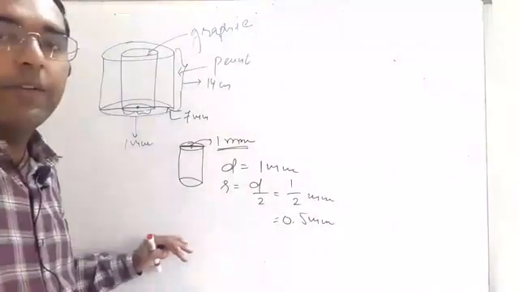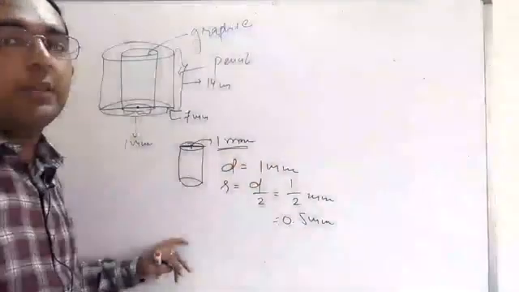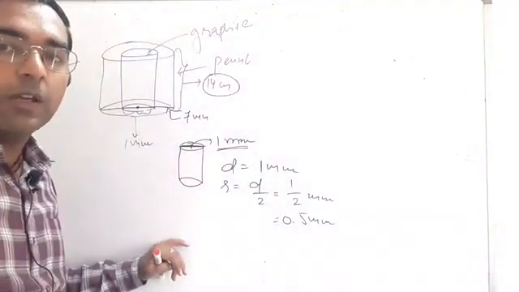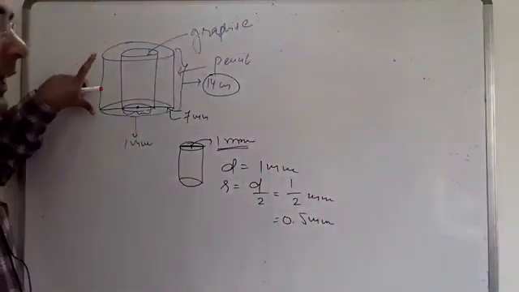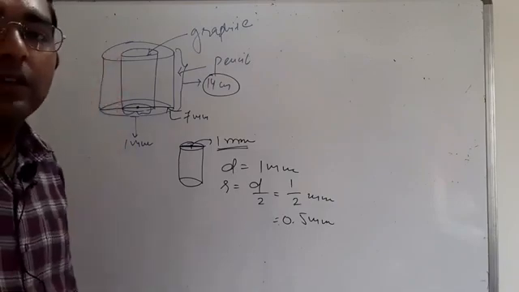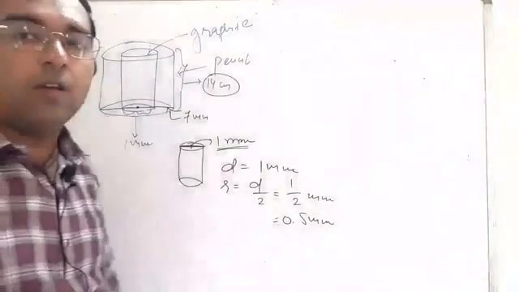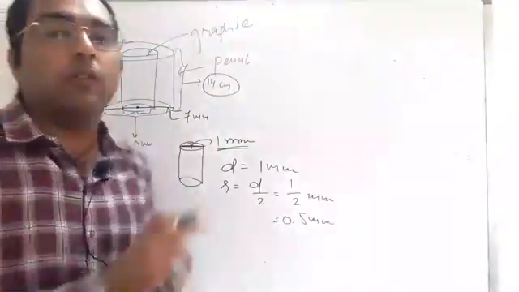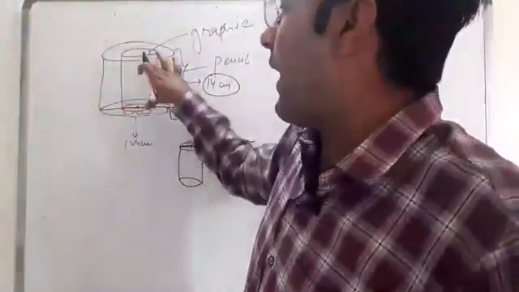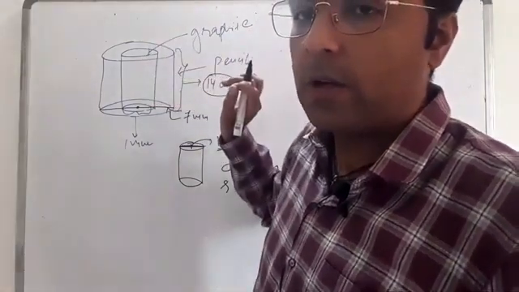Now we have to find all of these in centimeter, because my height is given as 14 centimeter. The height of the pencil must be equal to the height of the graphite cylinder.